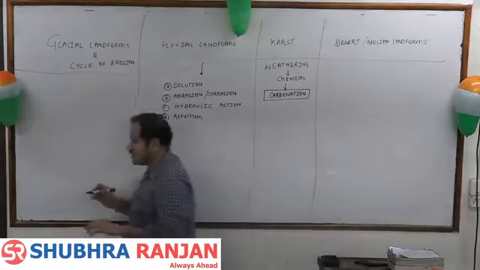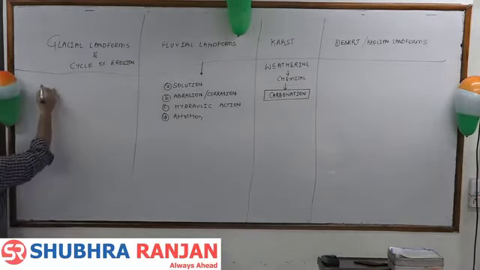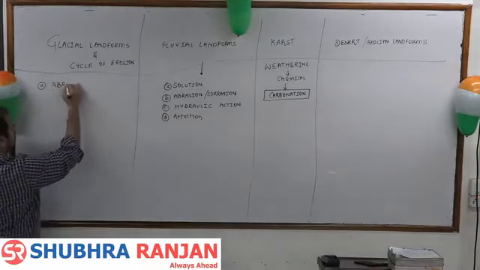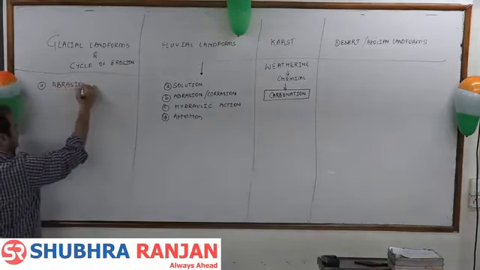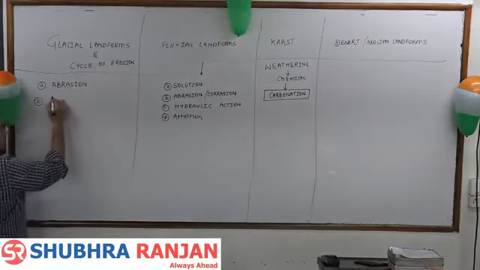Lastly, we have the glacial landforms, which we are going to start today, and the desert landforms. In glacial landforms, the major work of a glacier will be abrasion. Second, not hydraulic action, but the process of plucking.